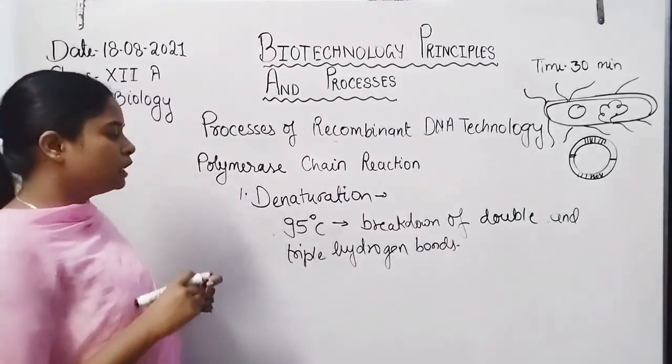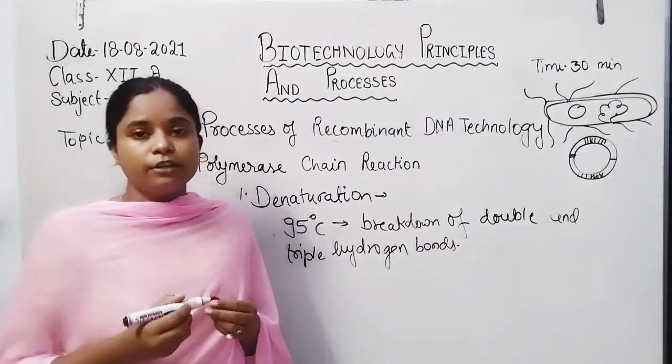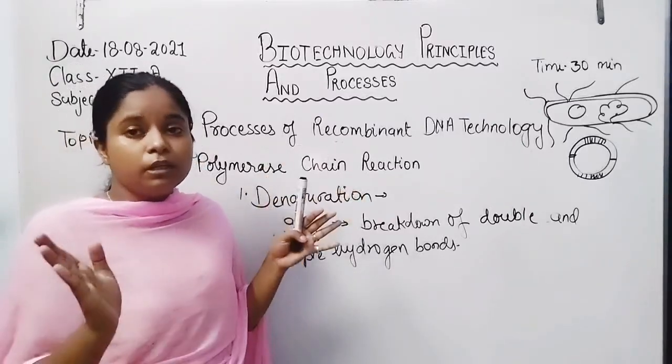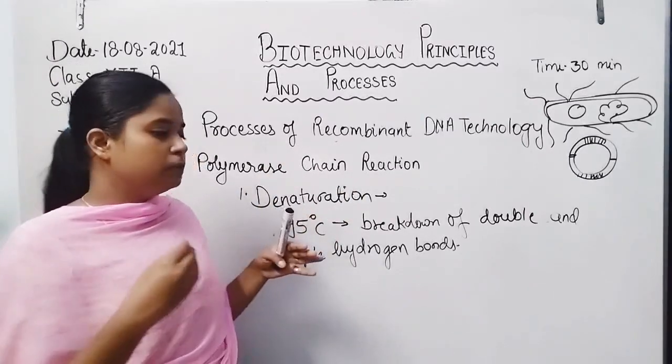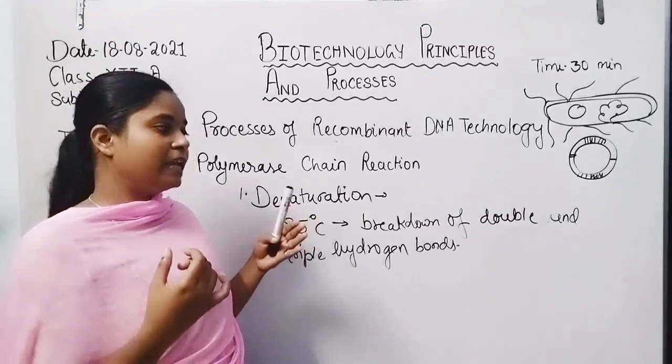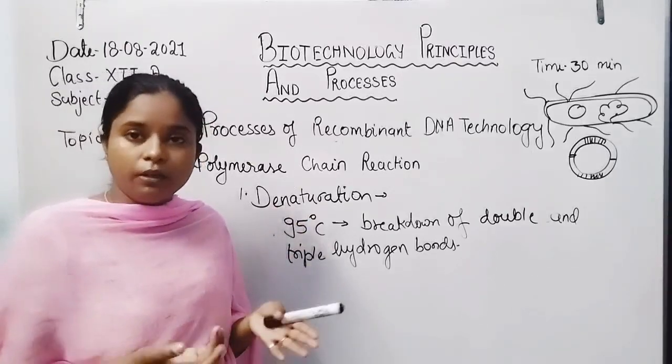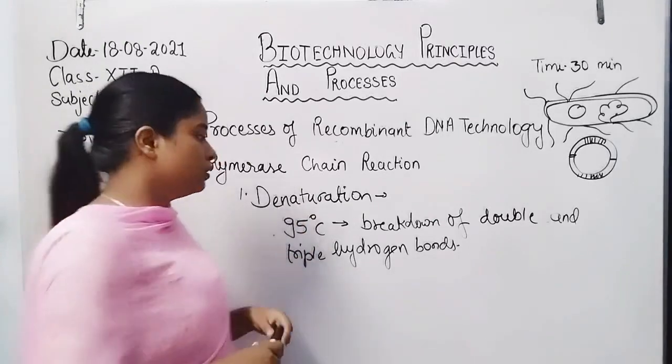Now, after the breakdown of the double or triple hydrogen bonds, both the strands get separated from each other. So then the DNA polymerase can synthesize the DNA molecule, but not the human DNA polymerase.